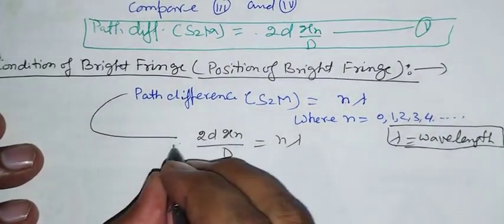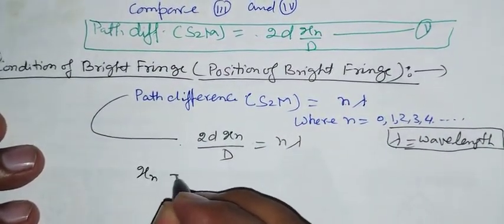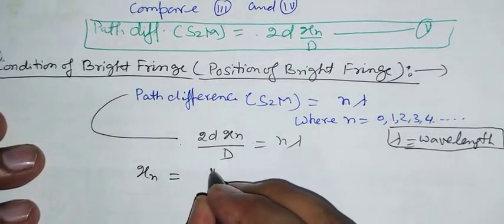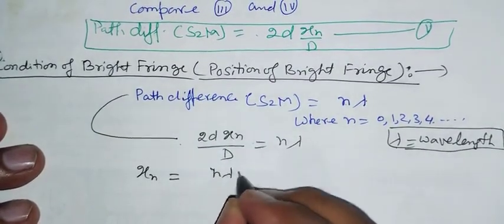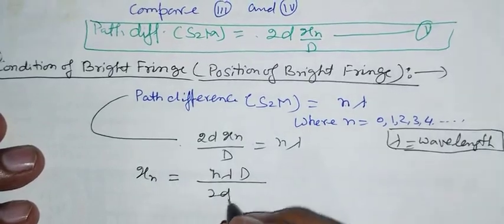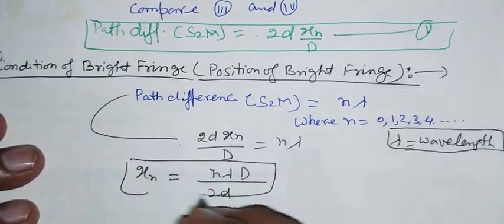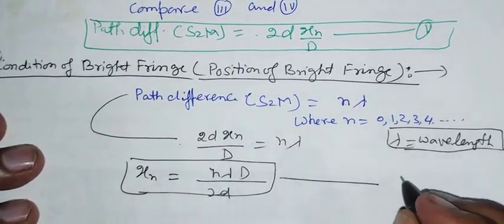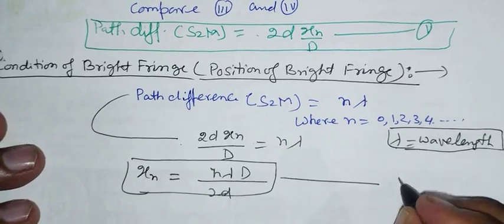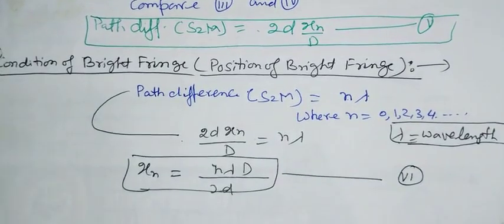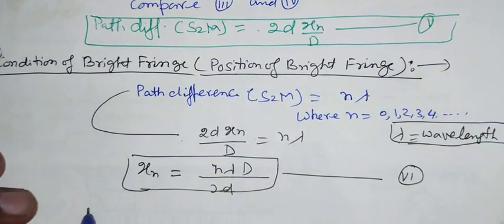So by that one may write xn is equal to n lambda capital D by 2d. Represent it as equation number 6.